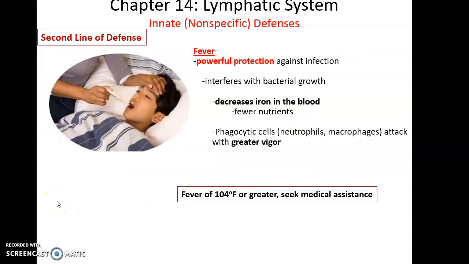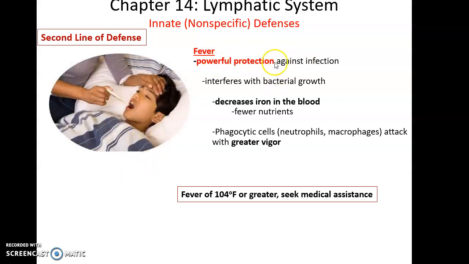Fever. Turns out fever is a powerful protection against infection. Pathogens, bacteria especially, have evolved to prefer our body temperature of 98.7 degrees Fahrenheit, since that is what we normally are at.